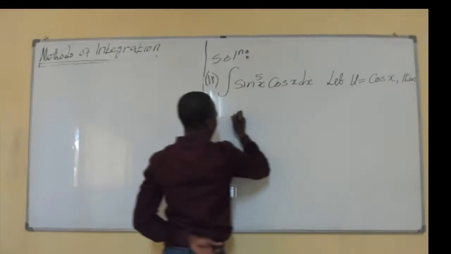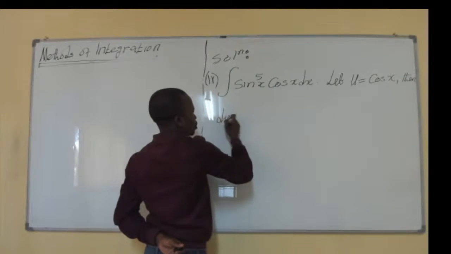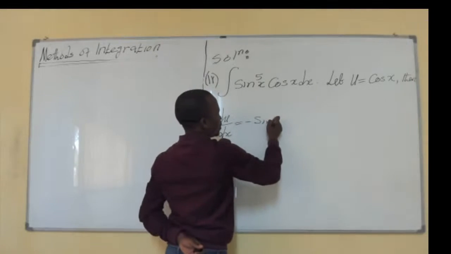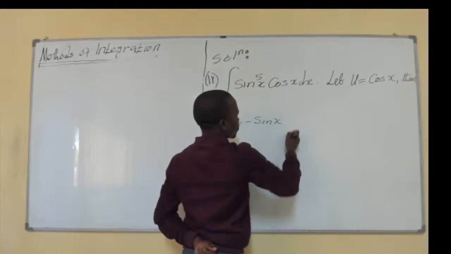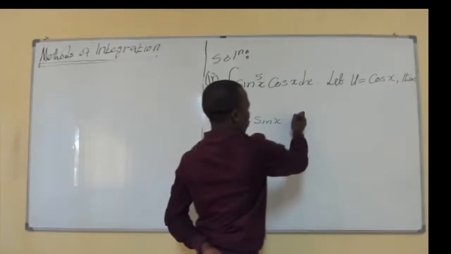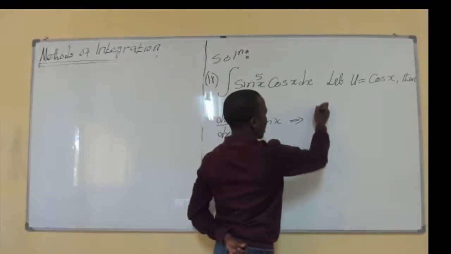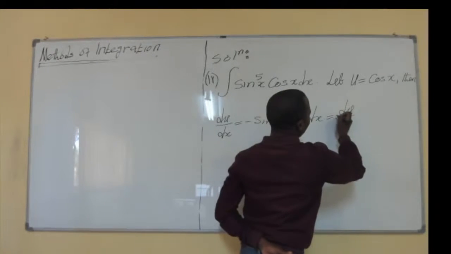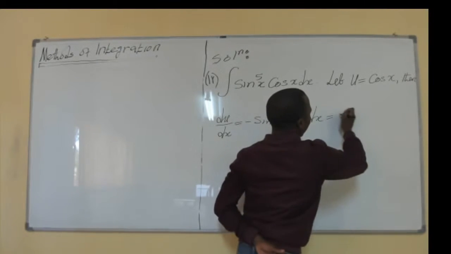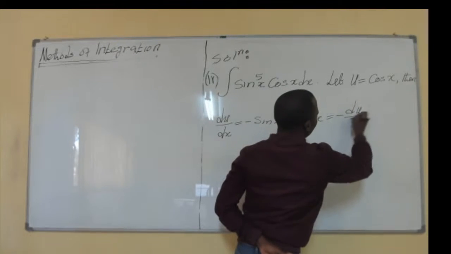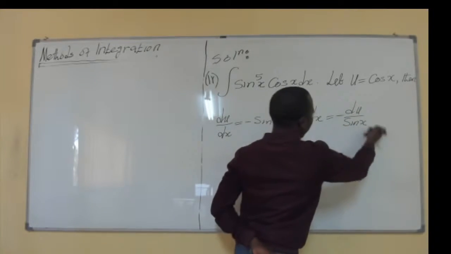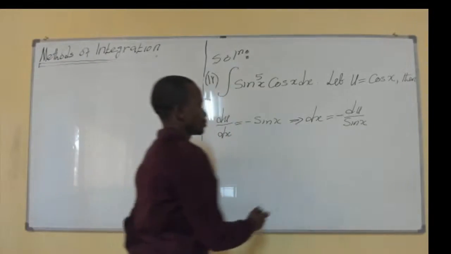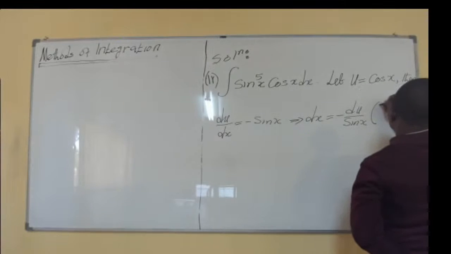Then our du over dx is equal to the negative sine of x, which implies our dx is equal to the negative of du over the sine of x, which will not work.